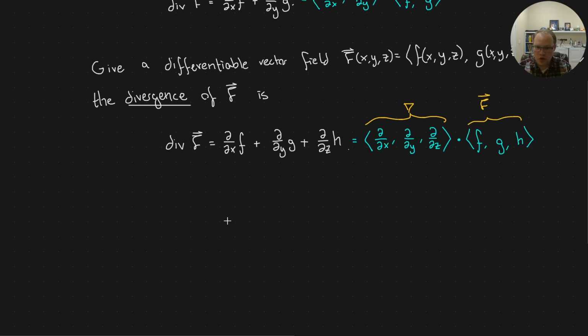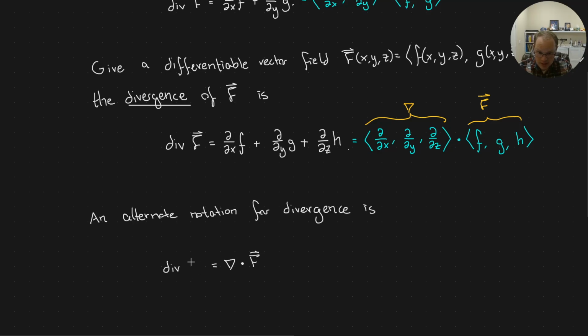So an alternative notation for divergence is the gradient operator dotted with the vector field.